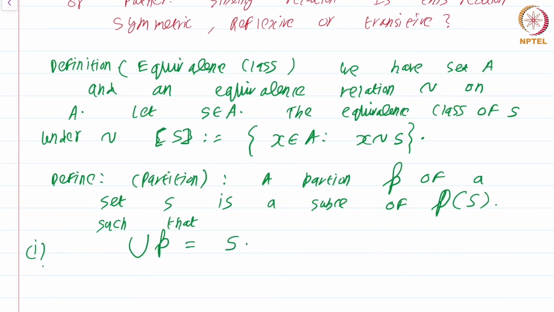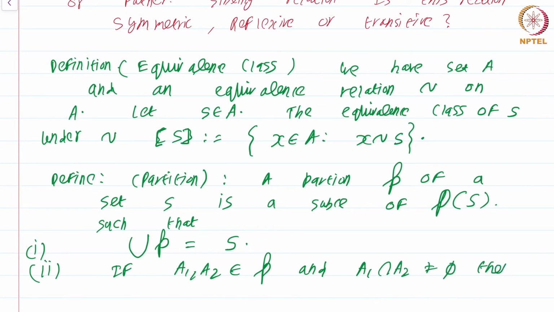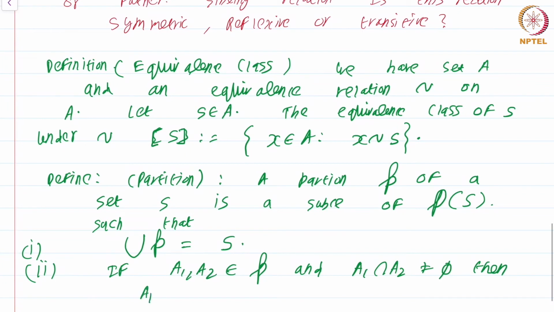2, if A1, A2 are from P and A1 intersect A2 is non-empty, then A1 is equal to A2. So a partition of a set is nothing but breaking up the set into a number of pieces such that the pieces together give you back the set and no two pieces intersect.